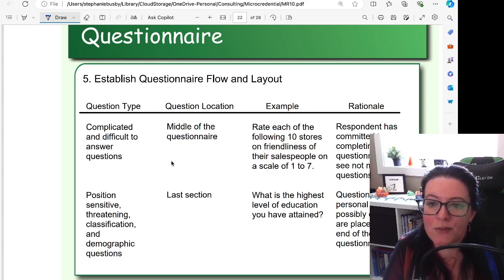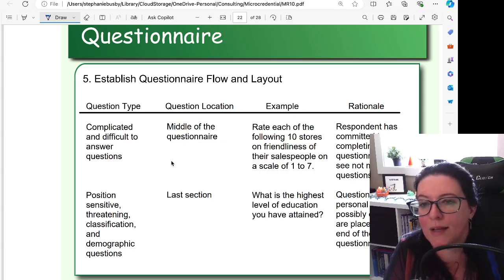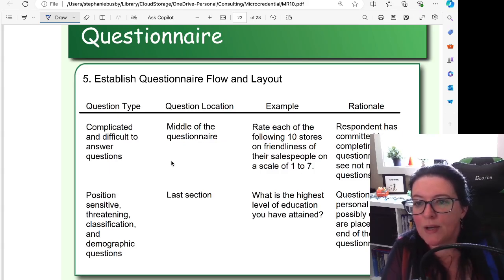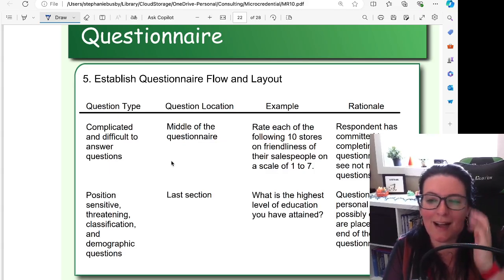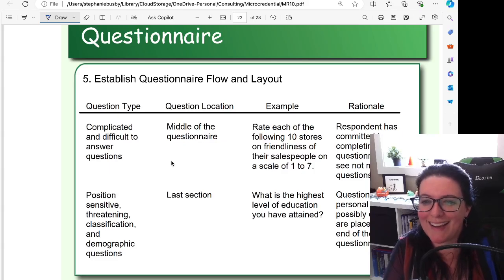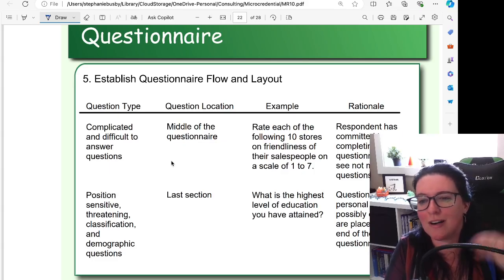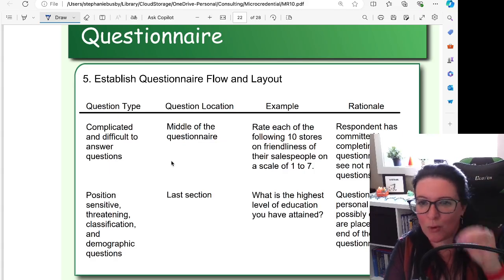We would have ones, for example, where they have to give their perceptions, their preferences. So we put in our itemized rating scales, or things that are even more complicated, like ranking, where we now have to think even harder and figure out, do I like this one more than this one?